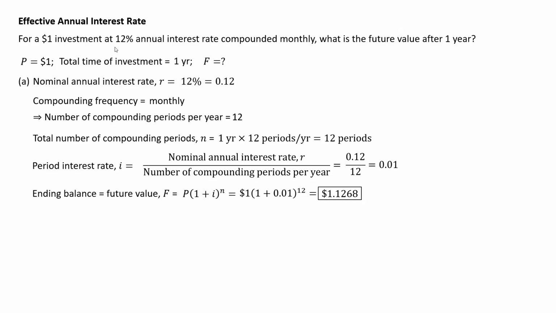So your interest should be only 0.12, but it is actually 0.1268. There is that extra thing. And that is because this is being compounded monthly, right? And so the interest earned in 1 year, therefore, is 1.1268 minus 1, which is $0.1268.